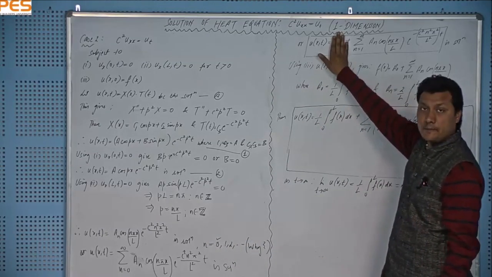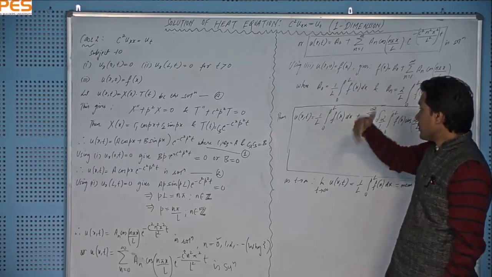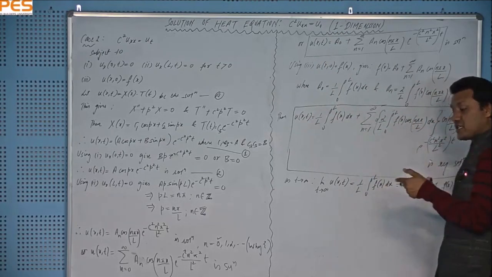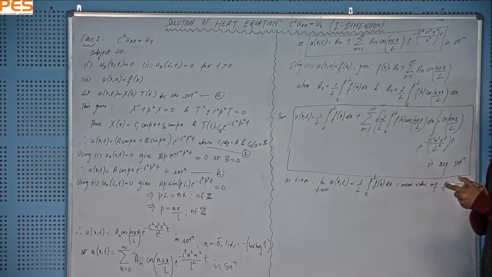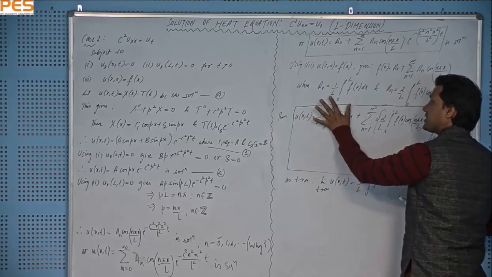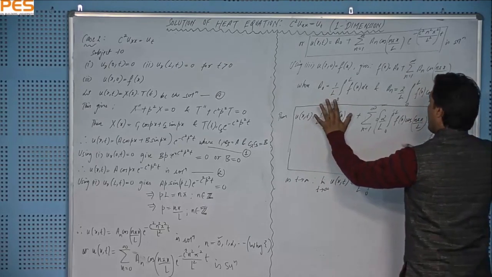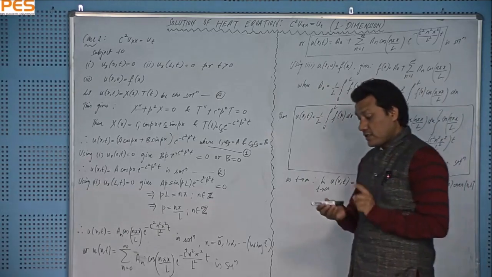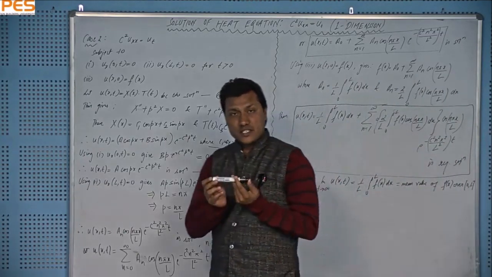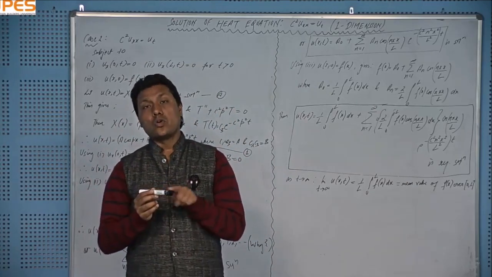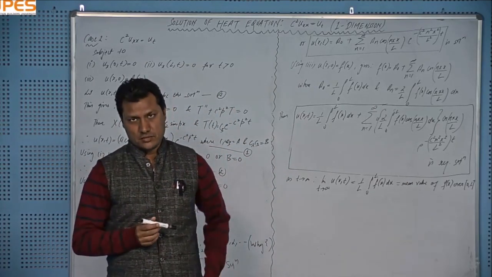Fine. For the case when the ends are kept at 0 temperature, this will be absent, and if you allow t tends to infinity, u(x,t) will become 0. And what does that indicate? That if the ends of the rod are kept at 0 temperature, then after infinite time the whole rod will be at 0 temperature.